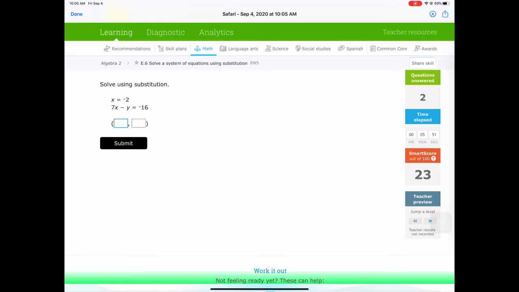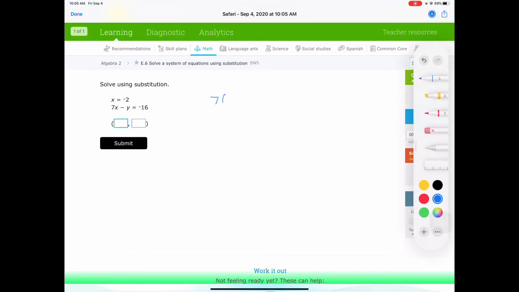So in this version, x is -2. So take a look, x is -2. So we still have to solve for y. So we just substitute -2 as our variable x. And we're going to copy everything else out. We'll distribute that 7 by -2 is -14. Minus y is equal to -16.